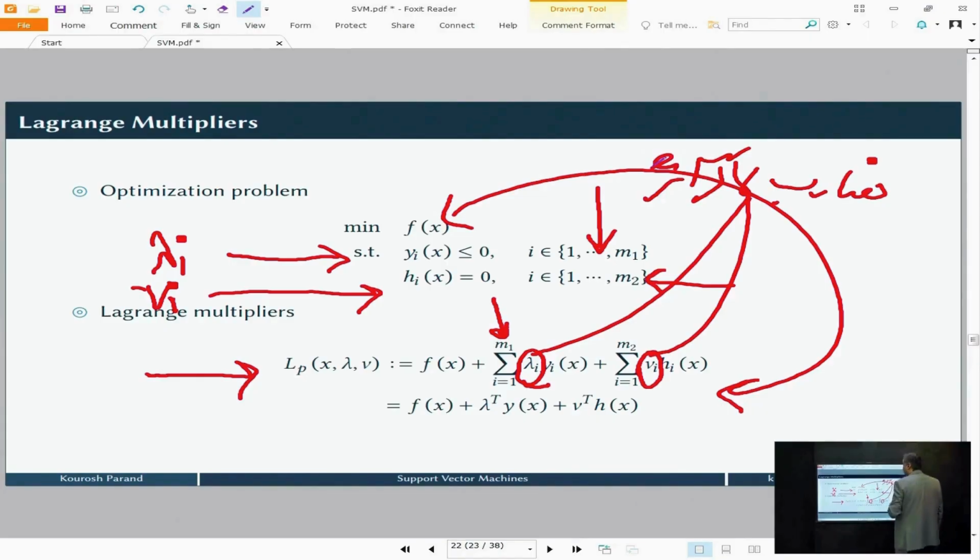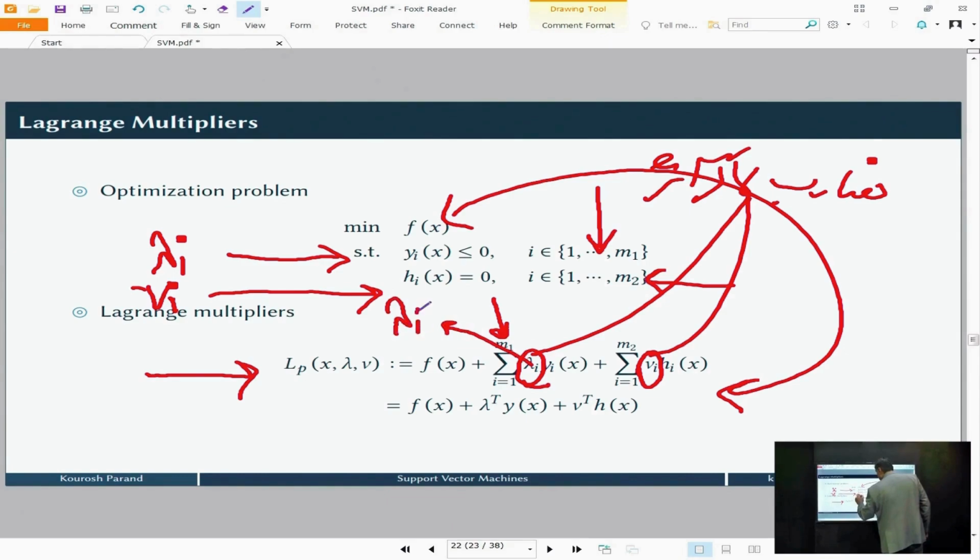Pay close attention. Because here the constraints are less than or equal, what should the lambda i's be? They must be positive. Since the h_i(x)'s are equalities, the lambda i's are unrestricted. So pay close attention to the lambda i's.